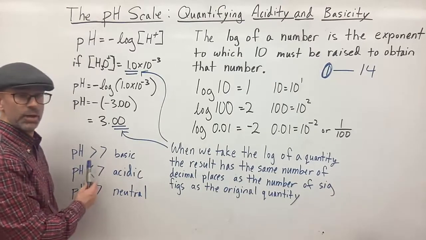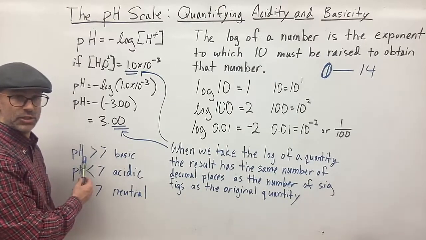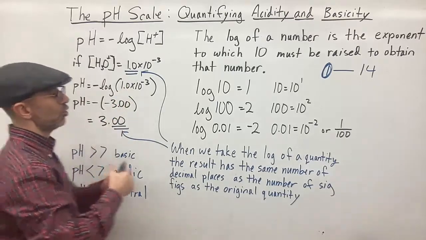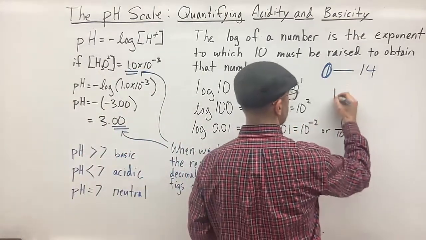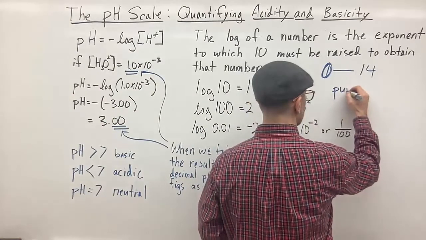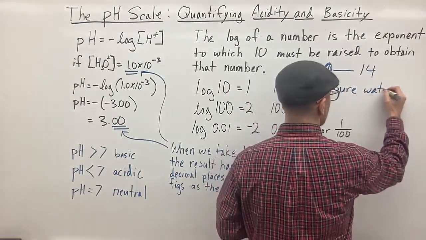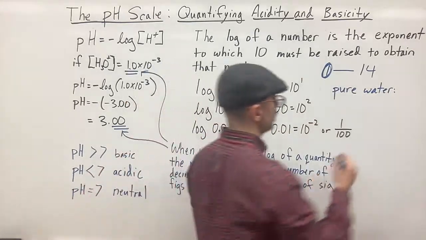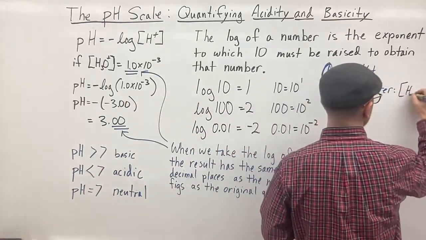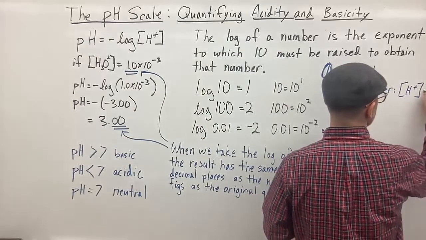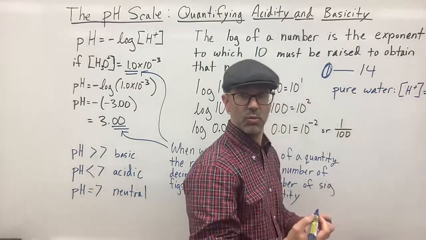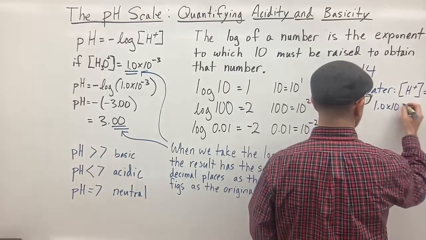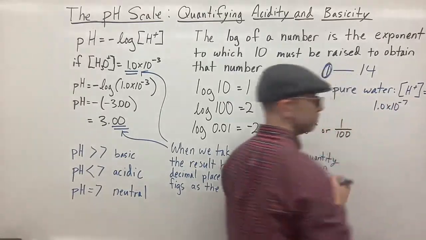But here you want to remember, if I take the pH of some water, let's remind ourselves that in pure water, the H plus concentration is going to be equal to what? 1.0 times 10 to the negative 7.